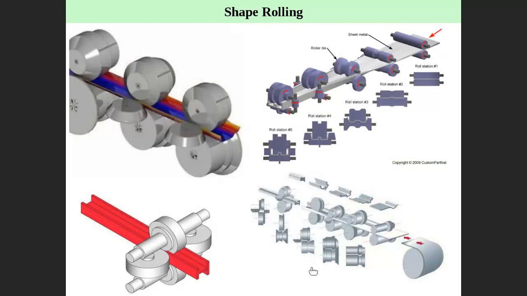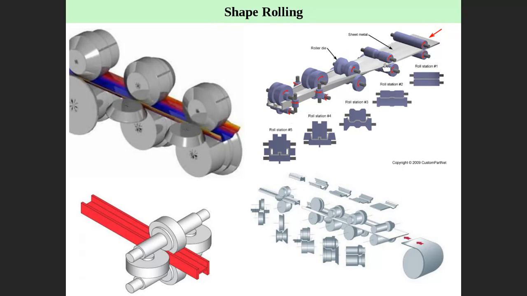Actually, when you see a series of rollers, it is not only one roller, but a series of rollers at different stages to finally produce the required cross section. You can see it here. Initially it is a sheet, the first stage.